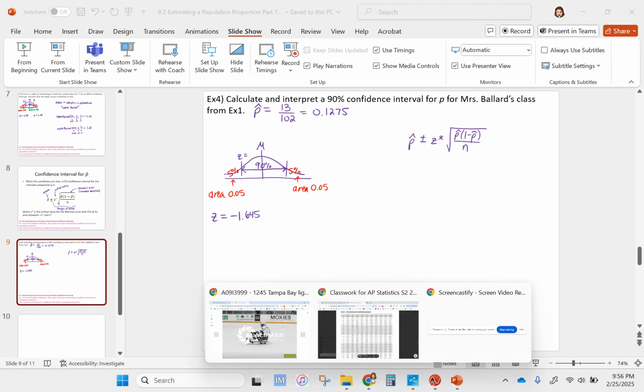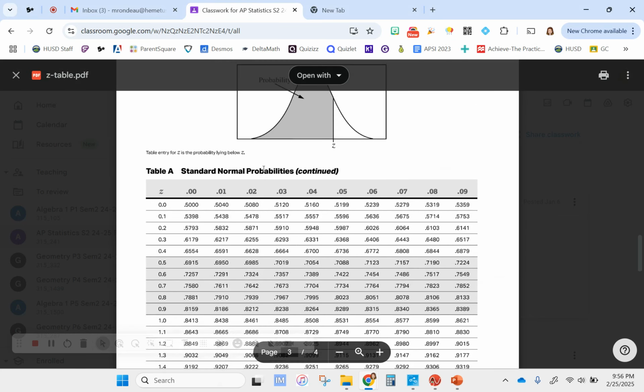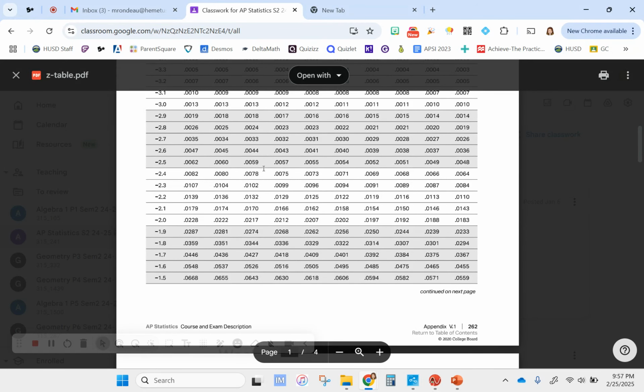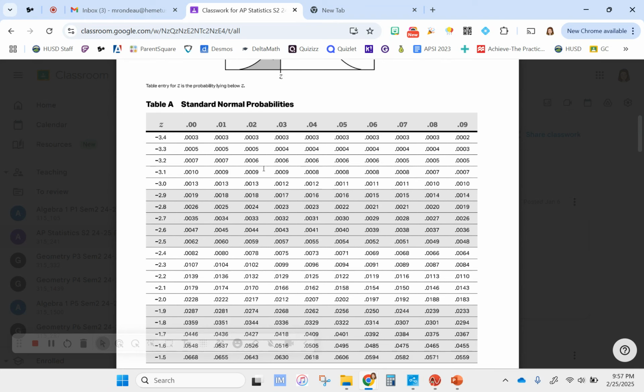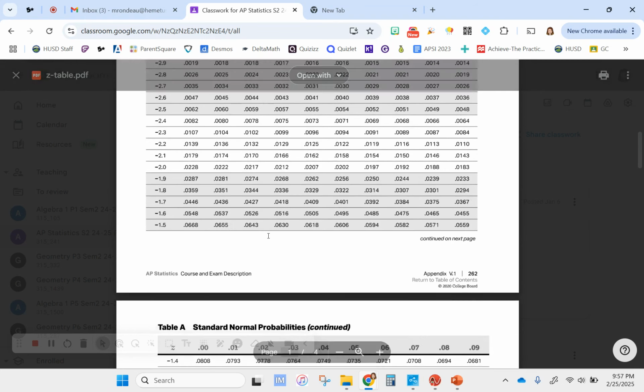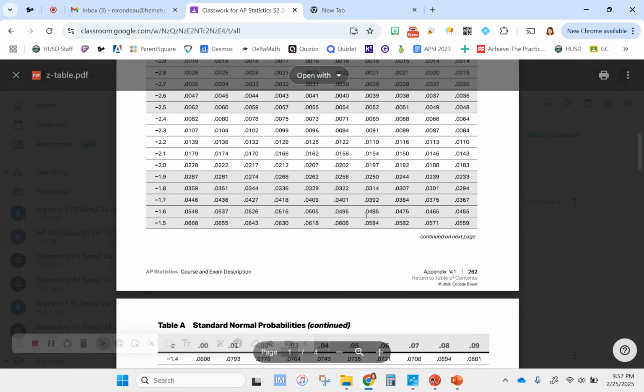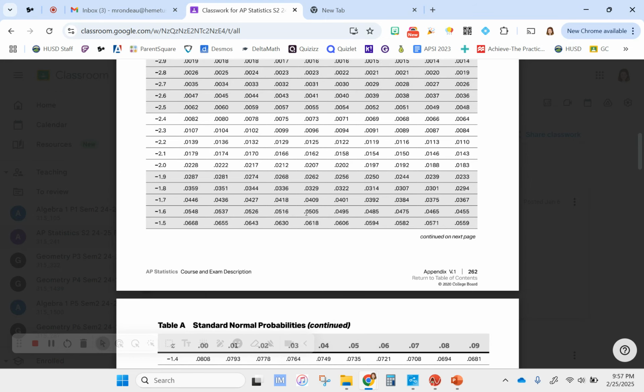So let's pop over to here. We're looking up an area, so in the middle, 0.05. Looks like right here I have 0.0505 and 0.0495. These are both 5 away from 0.05.